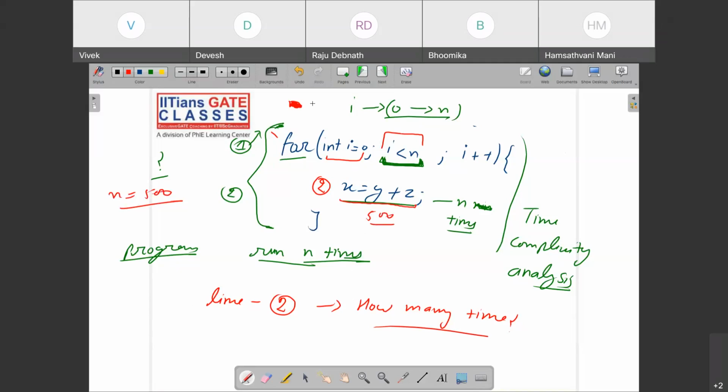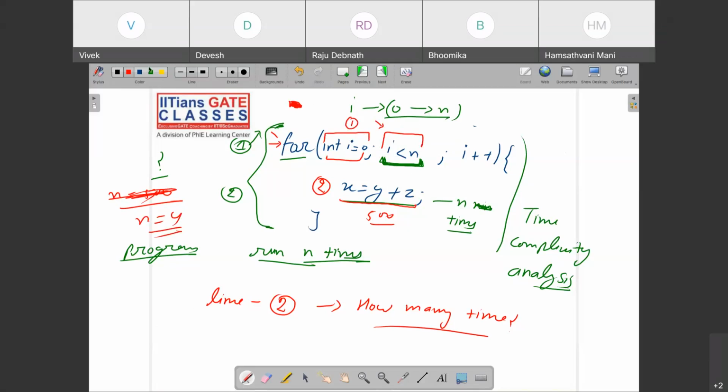Let me again try to draw the flow. Initially, the first time we enter this line, i will be set to 0. We initialize i to 0, right? Then it will check this condition. You can run for n equal to 4 in your mind or in your notebook. This is the execution, the first step.